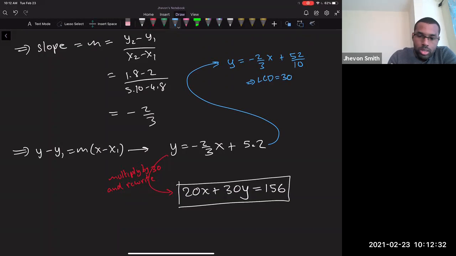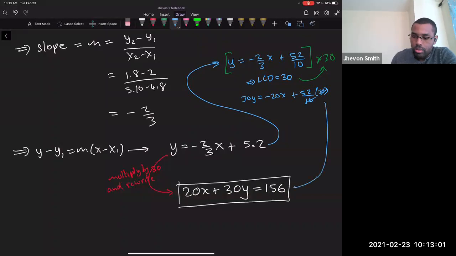And so what happens is I can multiply through by 30 both sides. And if I do that, I would have 30y equals minus 20x plus 52 over 10 times 30, which now becomes an integer, right? That becomes the 156.